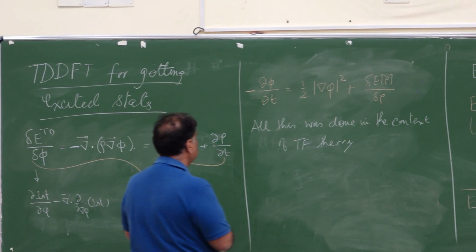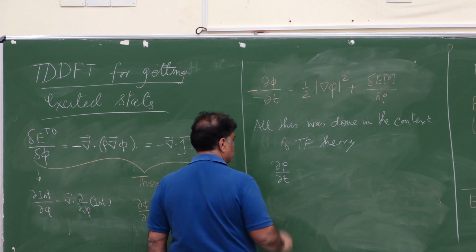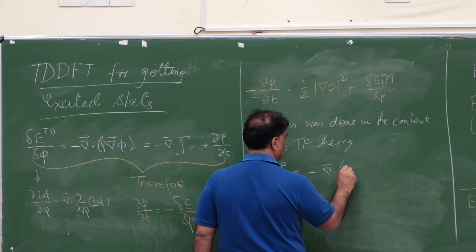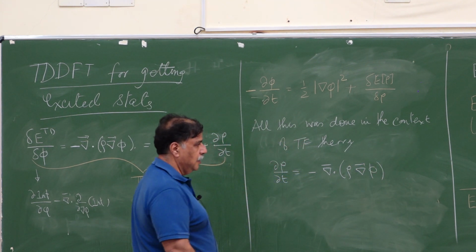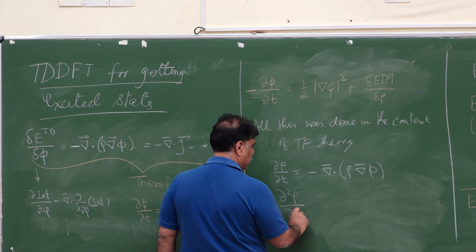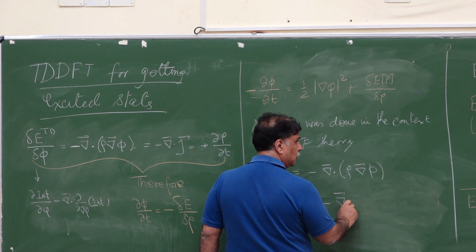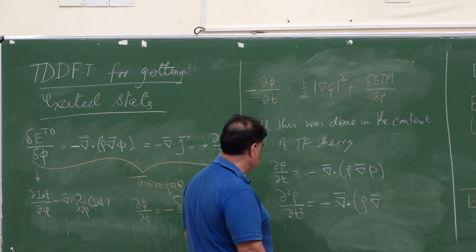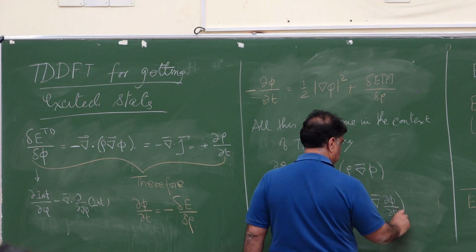From this you can also get, if I want to write, since I have d rho dt is equal to minus divergence of rho grad of phi, I take the second derivative, I'm going to get d2 rho by dt square equals minus divergence of rho grad of d phi by dt.